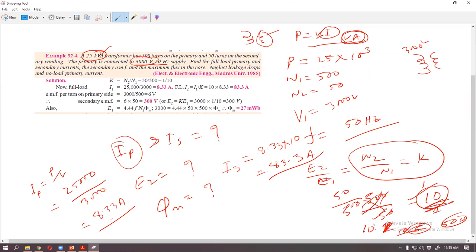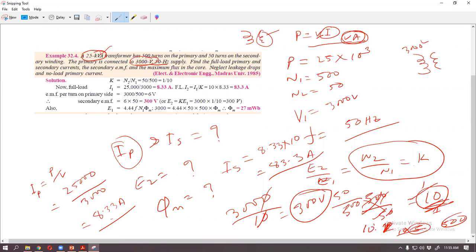And the secondary EMF. You know that this is the turn ratio. If primary voltage is 3,000, the secondary must be decreased. So 3,000 divided by 10, so 300 is your secondary voltage. All are clear?